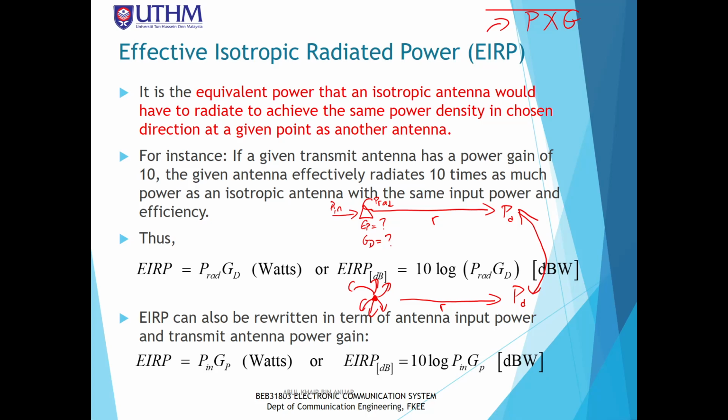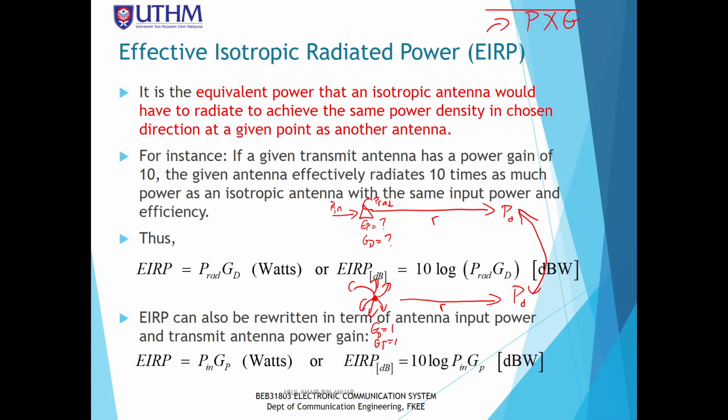So this is the concept of EIRP. We compare it with the isotropic radiator, where we measure how much power the isotropic radiator needs in order to achieve the same amount of power density as the real antenna. Because in the isotropic radiator, the gain is equal to 1: GD equal to 1, GP equal to 1.